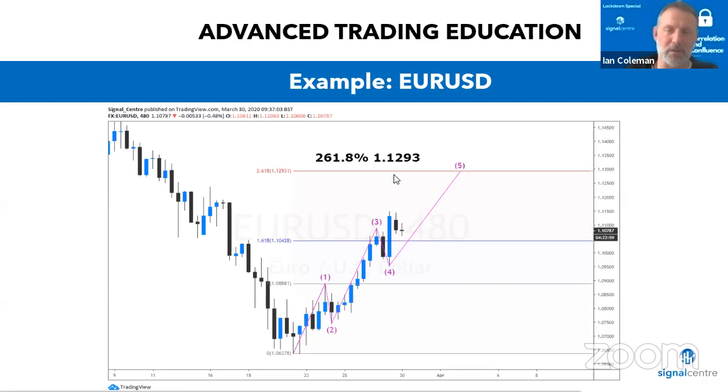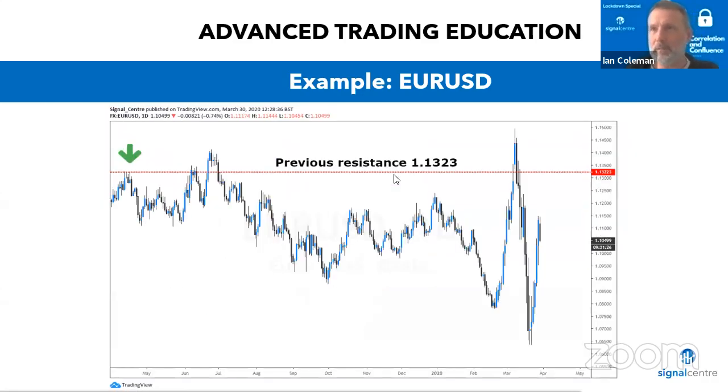Like I said, sometimes they're zones, sometimes they're more precise areas. And then if we go to the daily chart, we got a previous swing high. So it was resistance. It should act as resistance again, even if it's only momentarily. So we've got that area again, that 113.23.